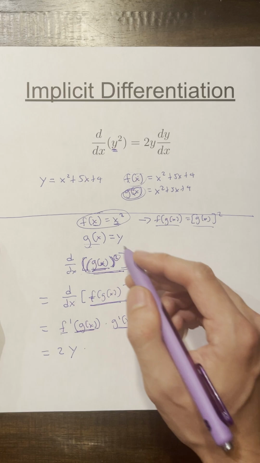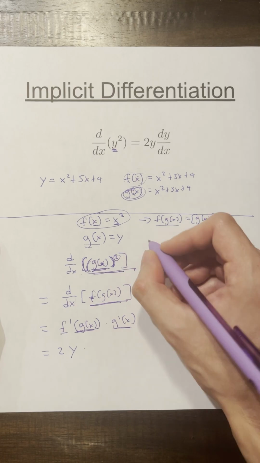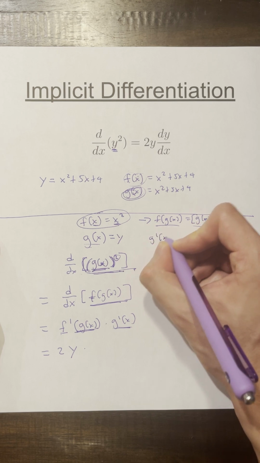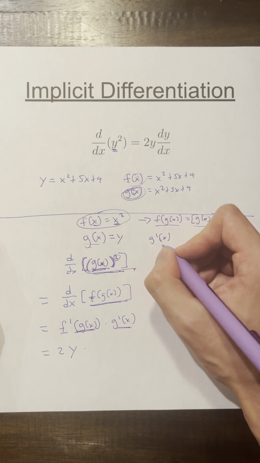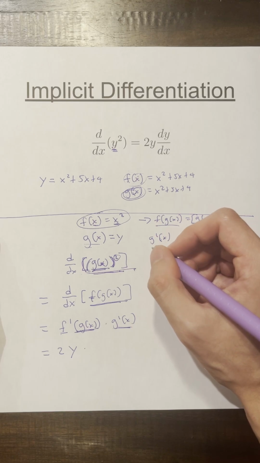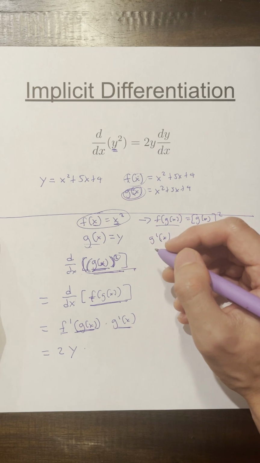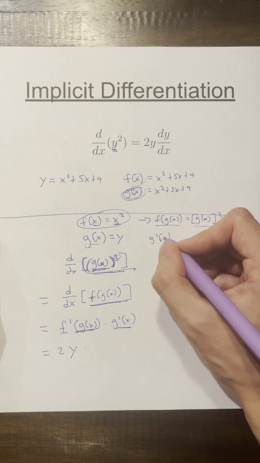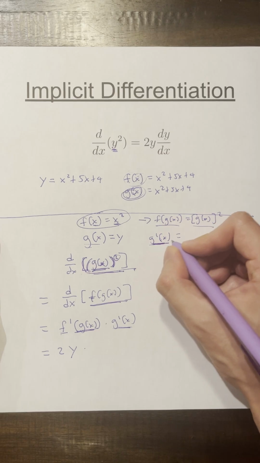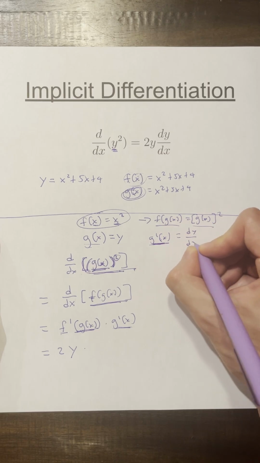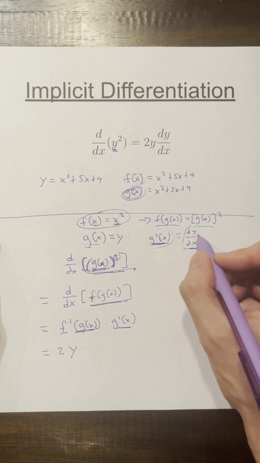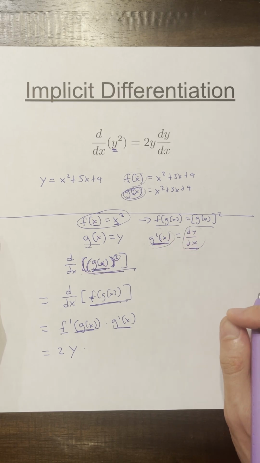So if g of x is equal to y, well, g prime of x would be taking the derivative of y with respect to x. Right, another way to write this is dy/dx. So in both cases, we're taking the derivative with respect to x.